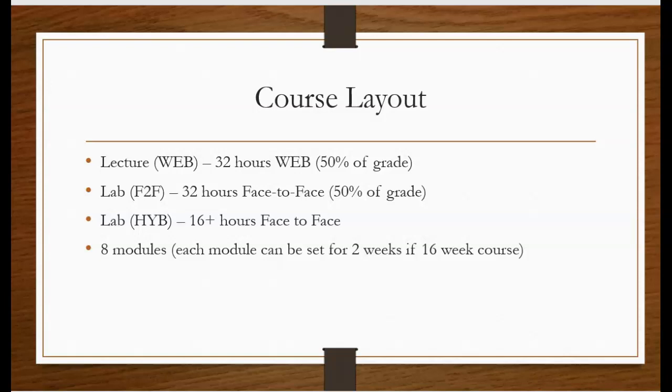The lab is also 32 hours, and depending on how it's been written, it could be written as a web course, which is 100% online. It could be an F2F, which is a face-to-face course, which means that you would have to meet 32 hours within the semester with your students. Or it could be written as a hybrid course, in which you have to meet 16 plus hours face-to-face with your students.